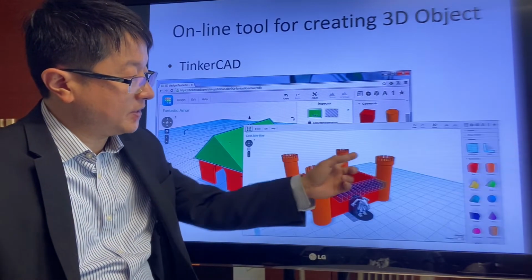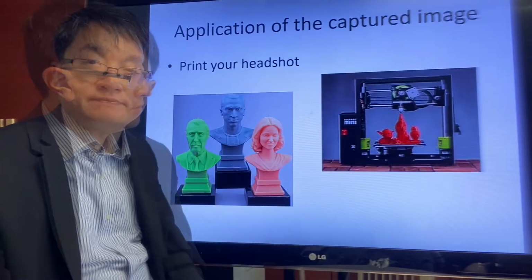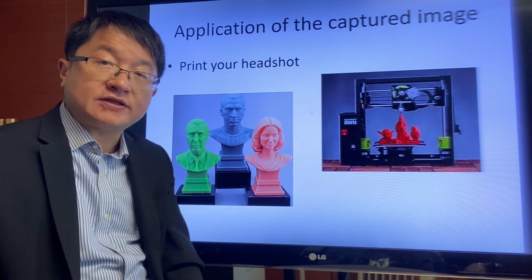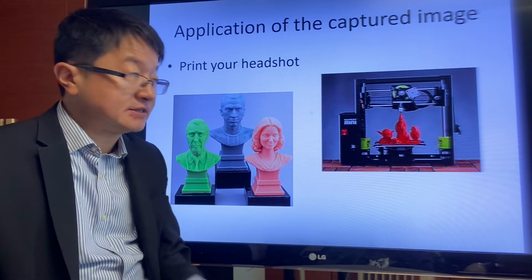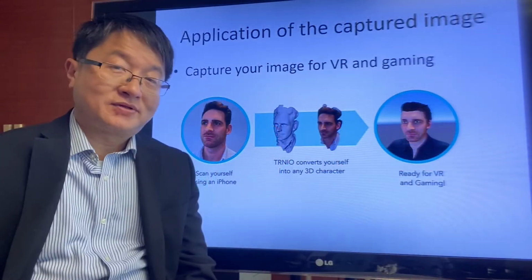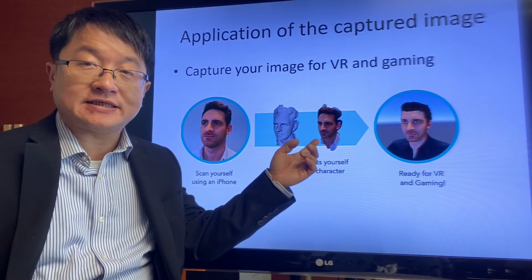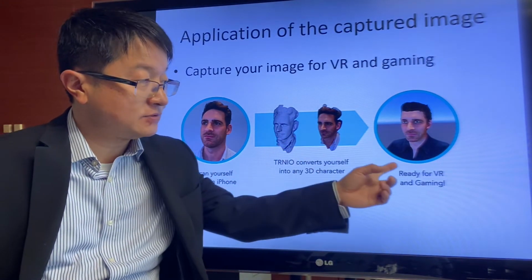So you can build any 3D objects by these fundamental blocks. Then afterwards, once you've got the 3D object files, you can send it to the printer and then print it out.